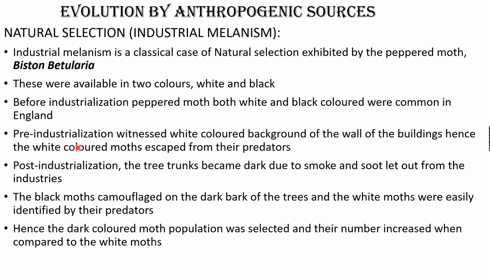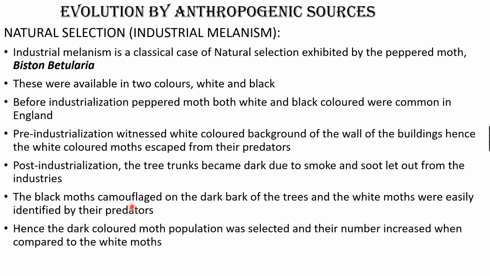But what happened? More industries started their function and led to industrialization. After post-industrialization, the tree trunk, which was white color, became dark color due to the smoke and soot particles let out from the industry. So the white color moth of Biston betularia now became a black moth, by chemophilage.